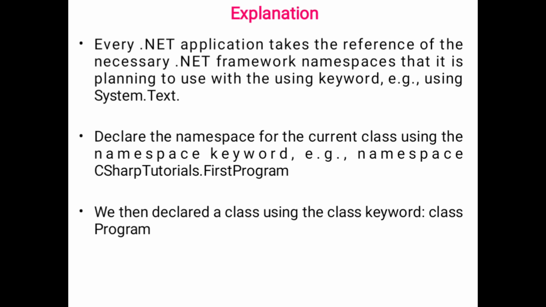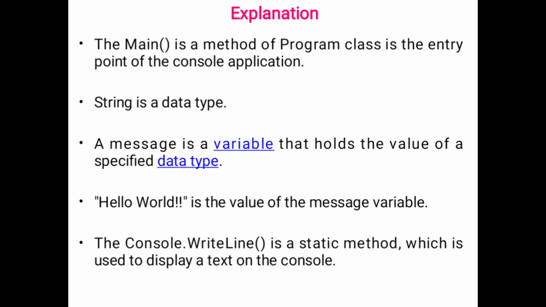Then we declare the namespace for the current class using the namespace keyword, for example, namespace followed by the name of the namespace, CSharpTutorials.FirstProgram. We then declare a class using the class keyword, for example class Program. The Main method is the entry point for the console application. In this program, we print the statement Hello World.